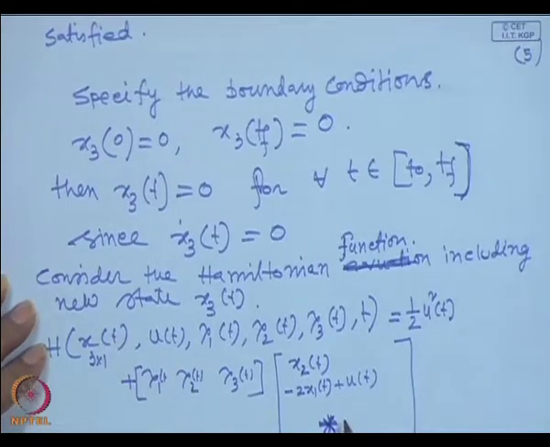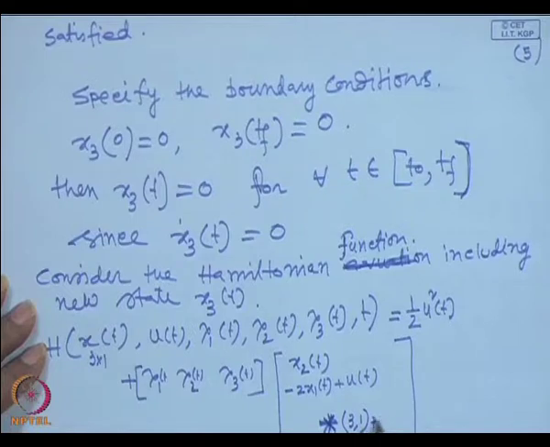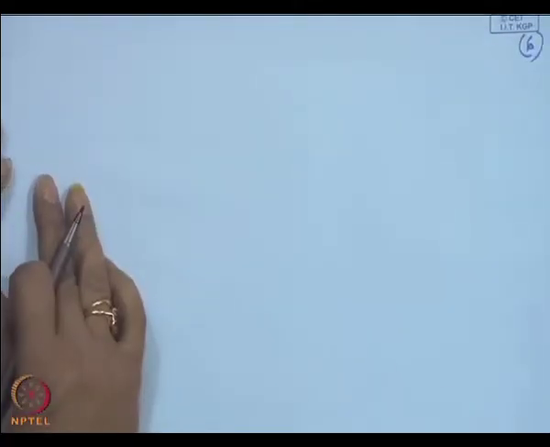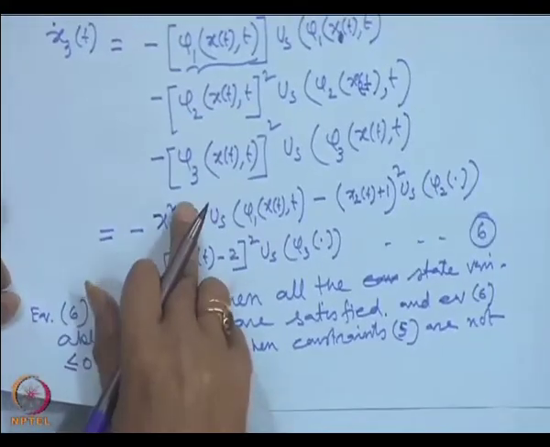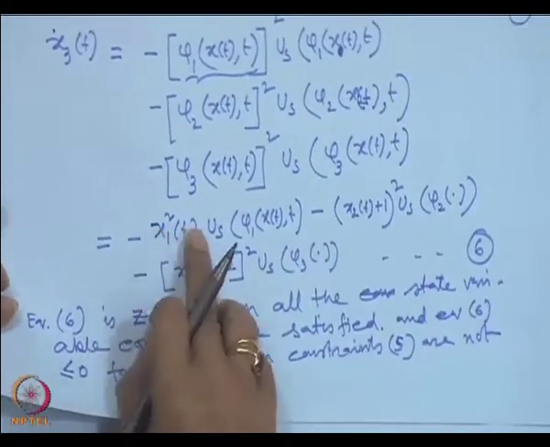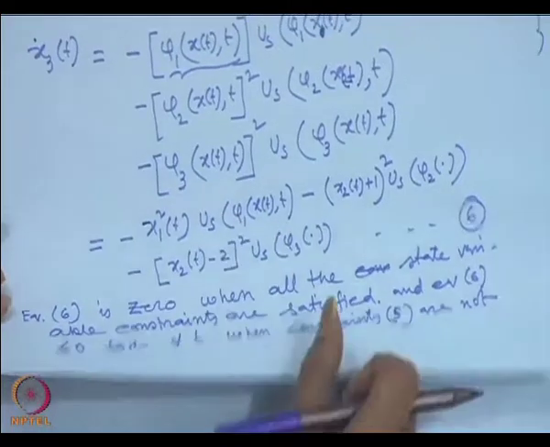That means the 3 1 position. The space is limited, so I will write it separately, that 3 1 position. What is this position? It is minus x 1 square u of s.